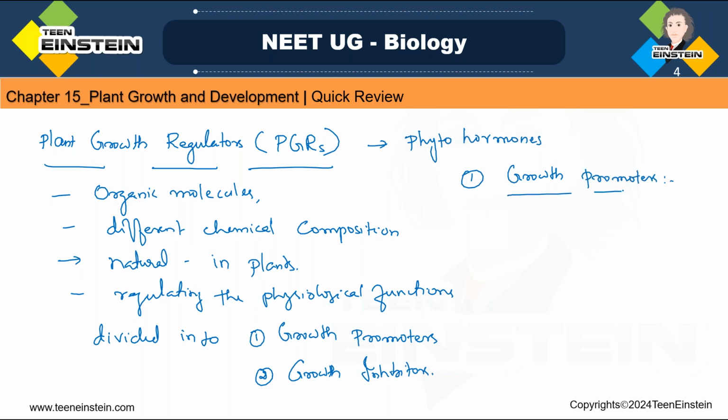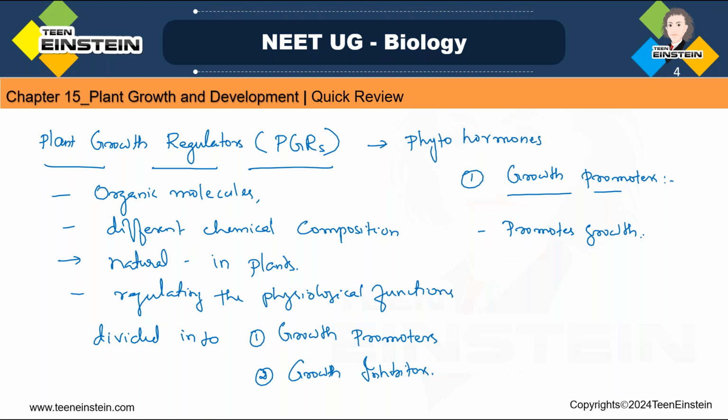Growth promoters are the chemical substances or phytohormones which perform growth promoting activities. They do the activities which promote growth, like cell enlargement, cell division, seed formation, flowering, fruiting. All these show the growth stages, right? Different growth stages.